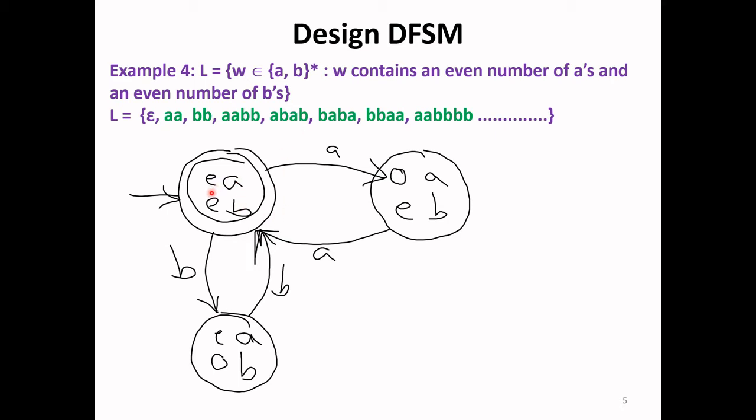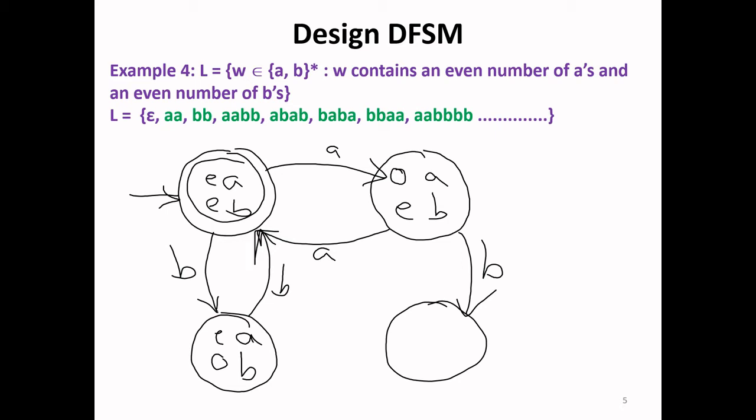So in this state we have even number of A's, even number of B's, odd number of A's, even number of B's, even number of A's, odd number of B's. We'll take one more state wherein we'll have, for this string ABABA, a transition B.